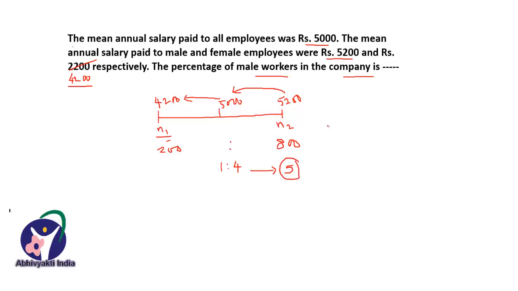So if 5 workers are there, 4 will be male, and if 100 workers are there, how many will be male? So we multiply this 100 by 4 and divide by 5, and after solving you get 80%. So 80% are the male workers.